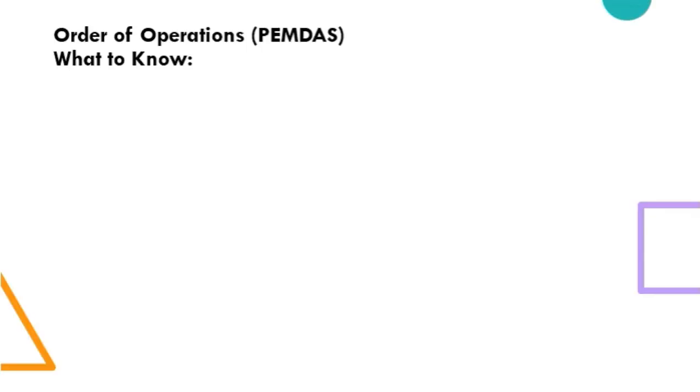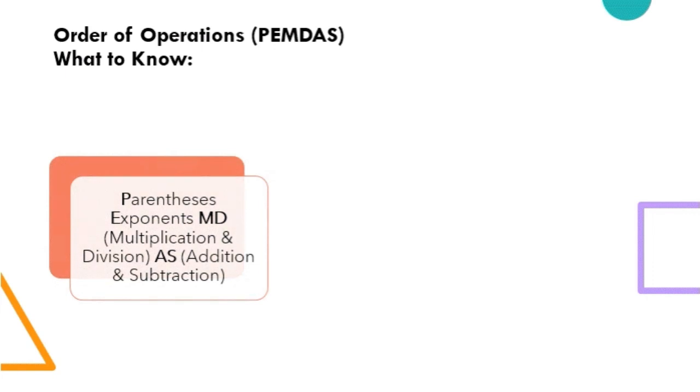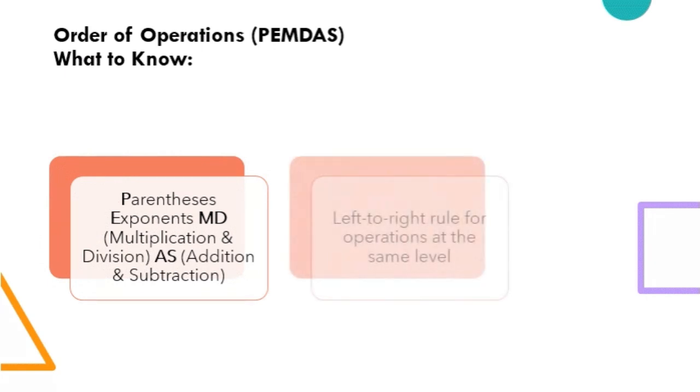Now, let's talk about one of the most important rules in math, order of operations. This is what tells us which calculations to do first in a math problem. You may have heard of PEMDAS, which stands for parentheses, exponents, MD, multiplication and division from left to right, AS, addition and subtraction from left to right.